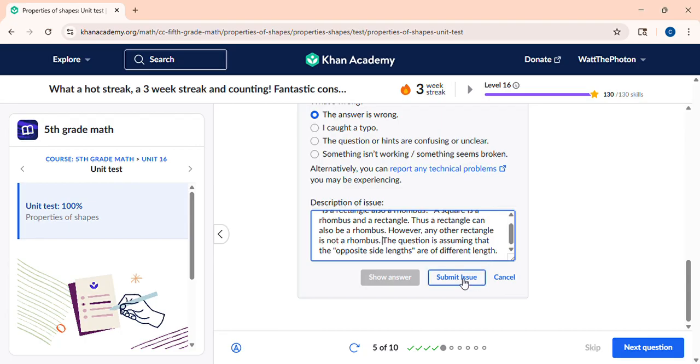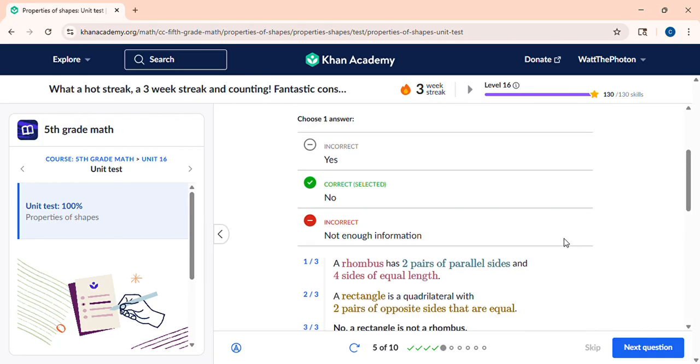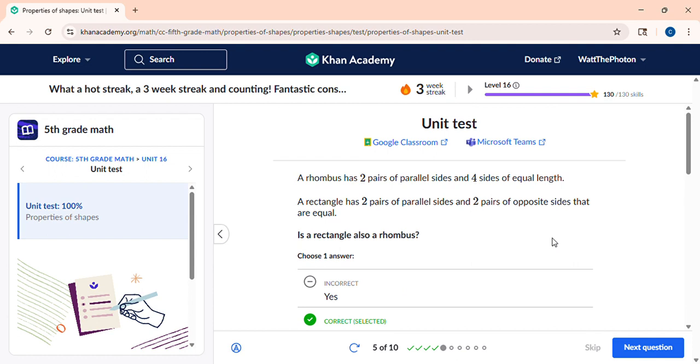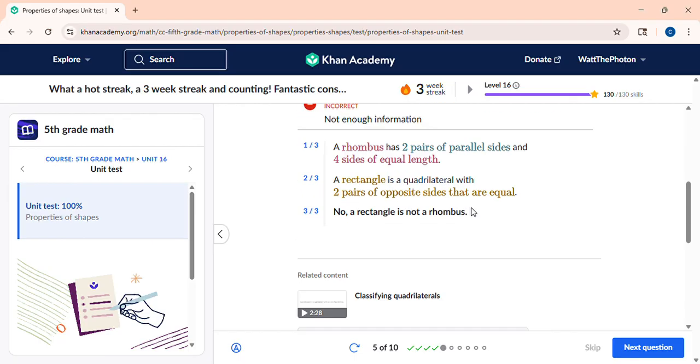Opposite side lengths are of different length. I think I'll quote it entirely.